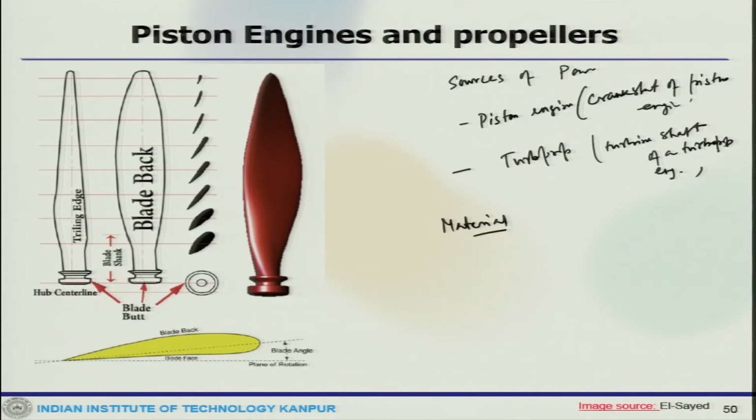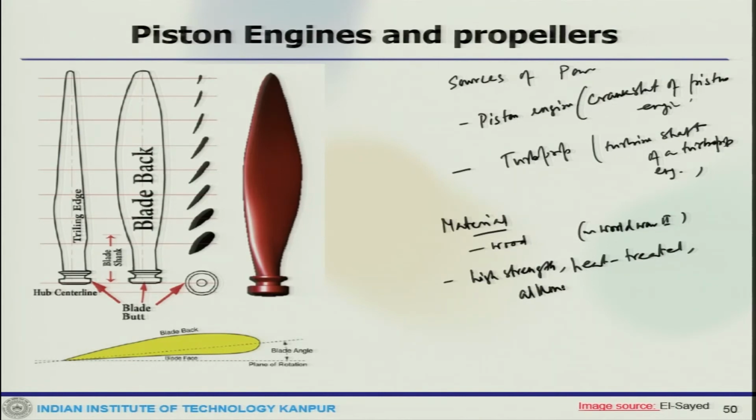Typically, wood was used in the early days, probably until around World War II, but later metal was used, and after 1940 propellers were made of steel, but recent propellers are fabricated for high strength, heat treated aluminum alloy.